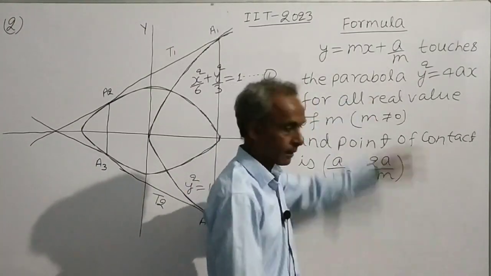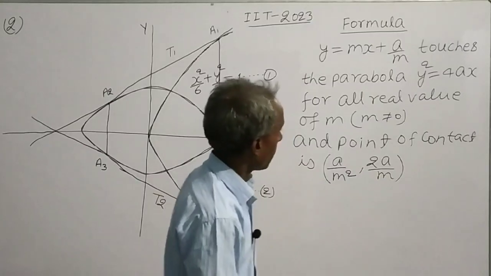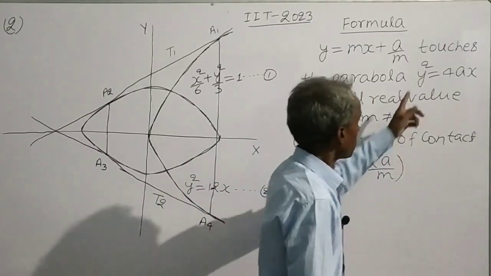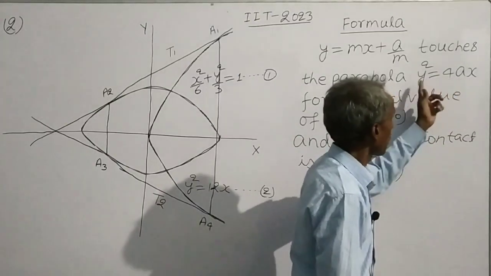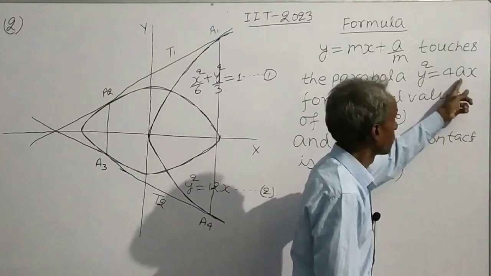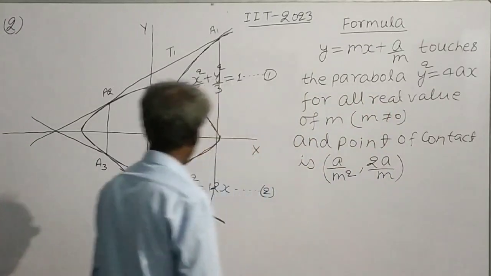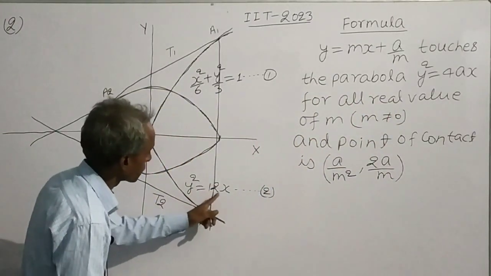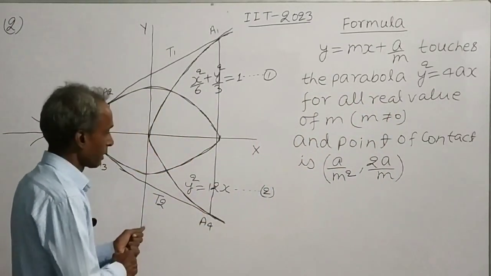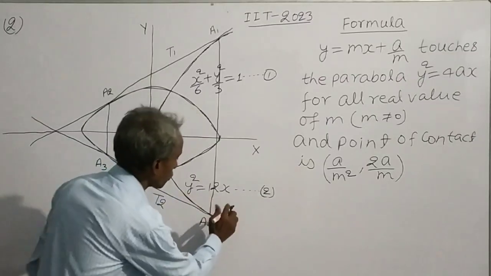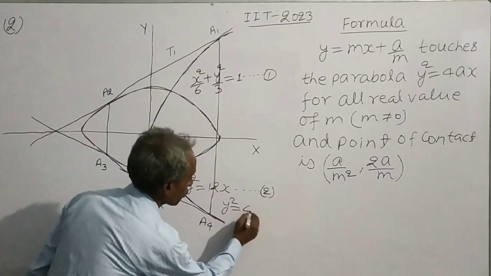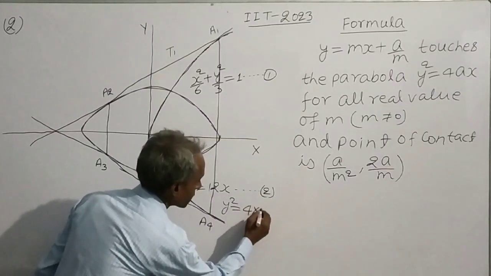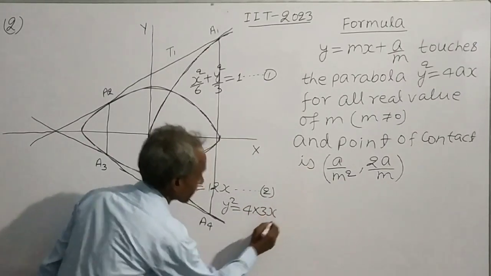This is the formula. The parabola is y square is equal to 4ax, and here y square is equal to 12x is given. y square is equal to 12x can be written as y square is equal to 4 times 3x.